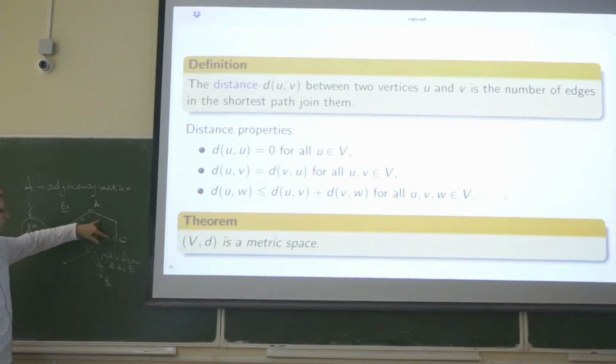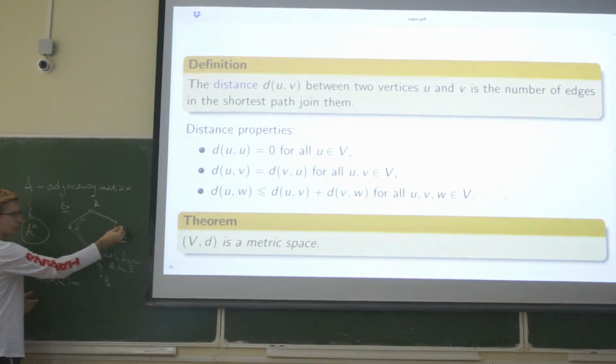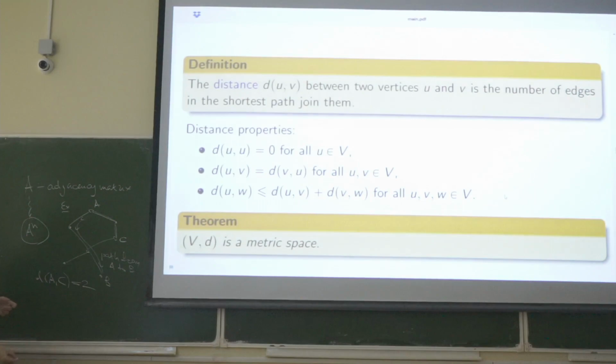For example, distance between vertices A and C is equal to 2. Yeah. 1, 2. Yeah. 2 edges. And for example, distance between A and D.